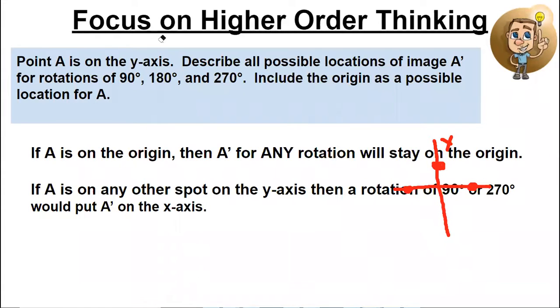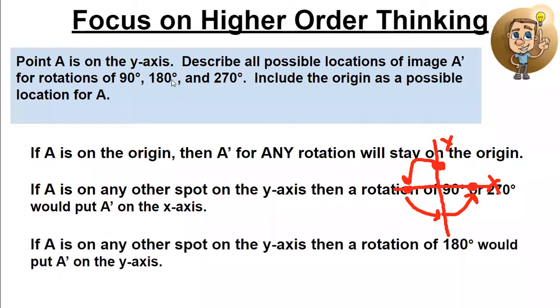Okay. Why? Because we started here. That's one turn. We need to go 3 turns for 270. 2 turns, 3 turns. So either place, it's going to end up on the x-axis. Make sense? Hopefully. And then if A is on any other spot on the y-axis, then a rotation of 180 degrees is going to leave it on the y-axis, right?